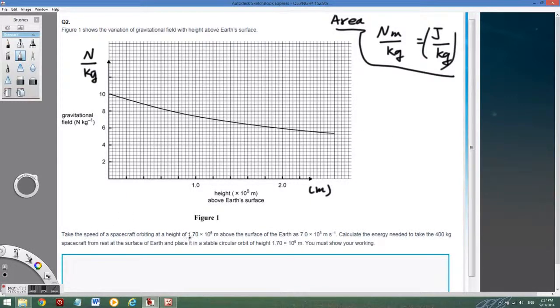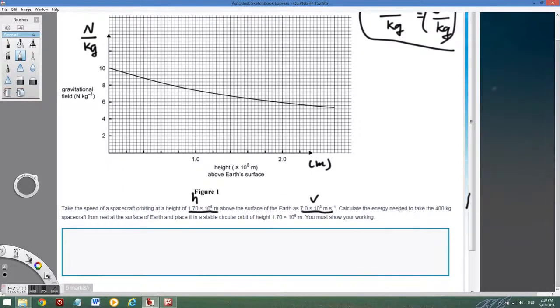Now let's read the question. I have a height. Remember, it's a height, not the radius. And I have a speed, a velocity.